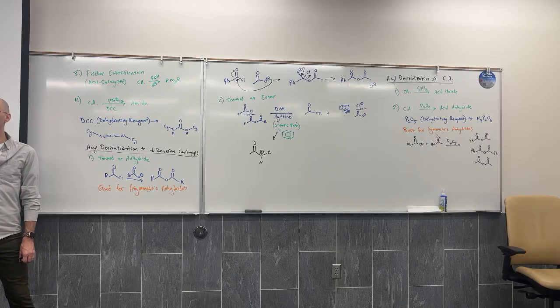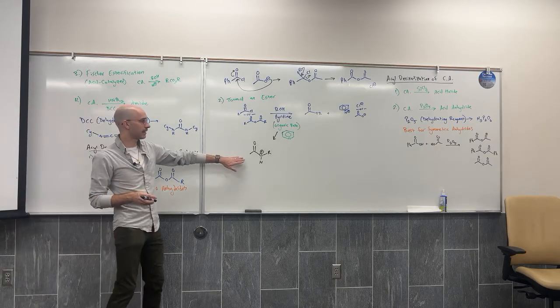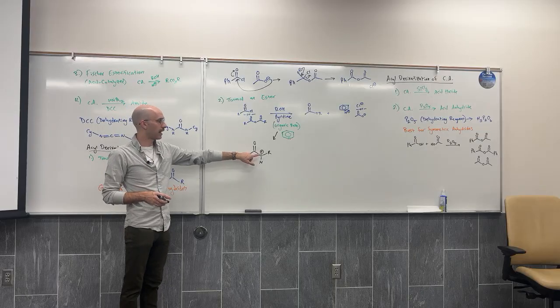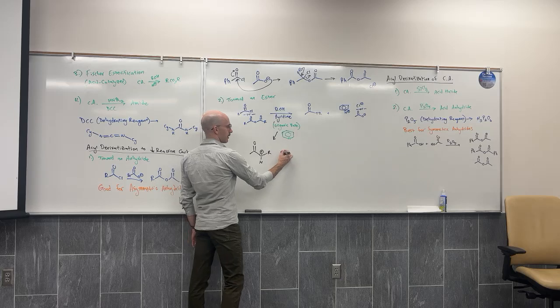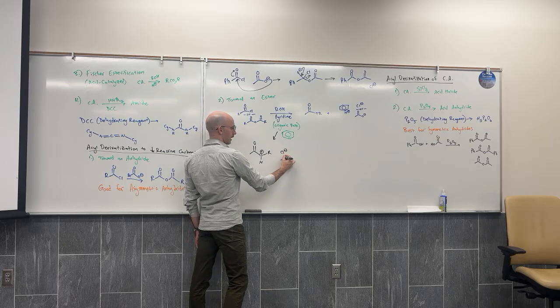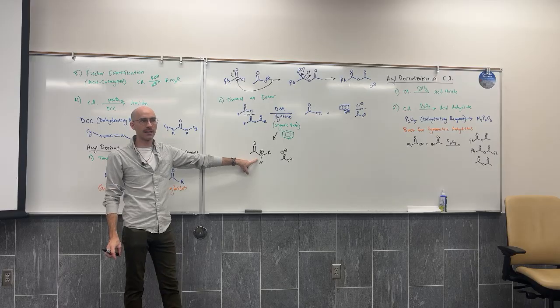This is basic conditions, not acidic conditions. So at the very last step, after my alcohol has attacked and either kicked off chloride or kicked off a carboxylate, I have to deprotonate the oxygen.